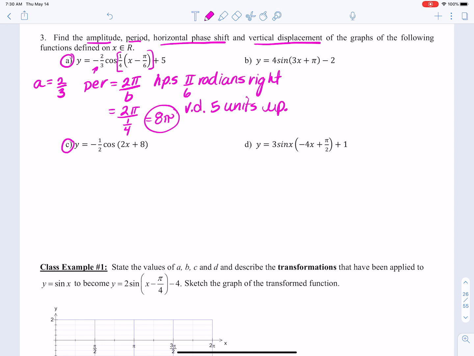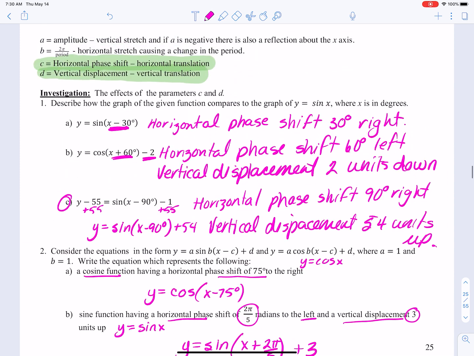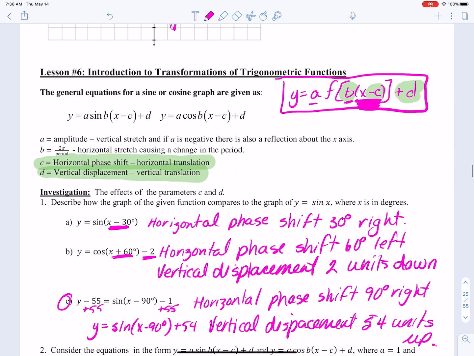Now, part C is a little bit different. Actually, let me do part B because it's a little bit more tricky. If we go back up here, when I talked about this function here, if you recall in transformations, and I'm just going to give you a little example up here, if I had y is equal to f of 3x minus 6, we would read that as a horizontal stretch by a factor of a third.